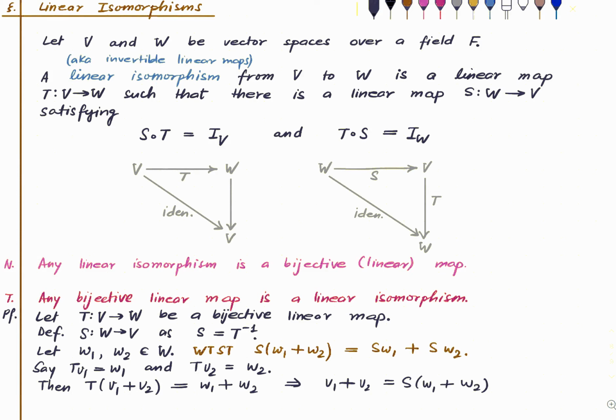Why is that? Because if T of something is something else, then S of that something else is the original something. That's what it means for S to be T inverse. Just because T(V1) is W1, we have S(W1) is V1, and similarly V2 is S(W2). So we do have the equation we wanted to show.